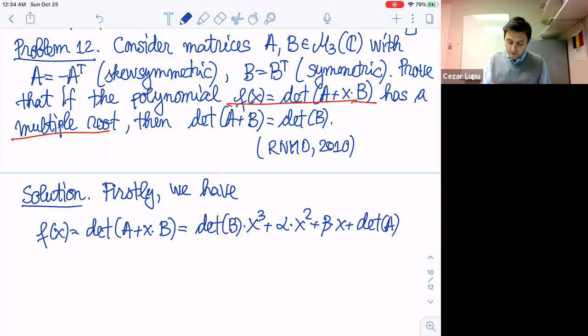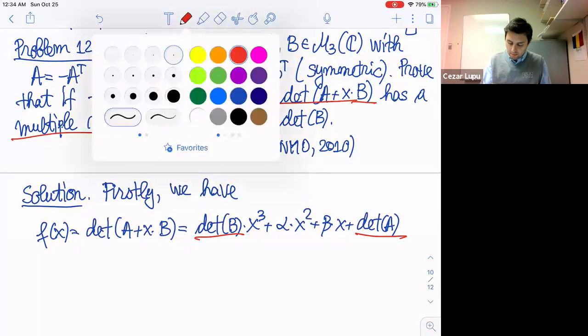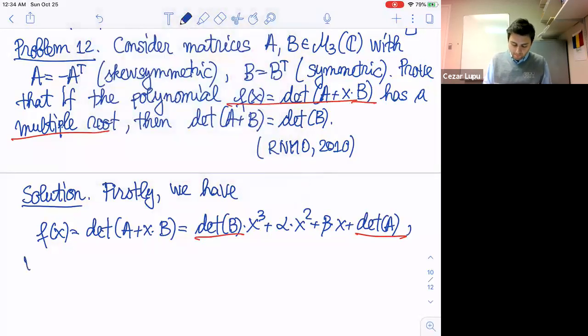As you can see, the coefficients are here, this and this. Now the degree of f is less or equal than 3.